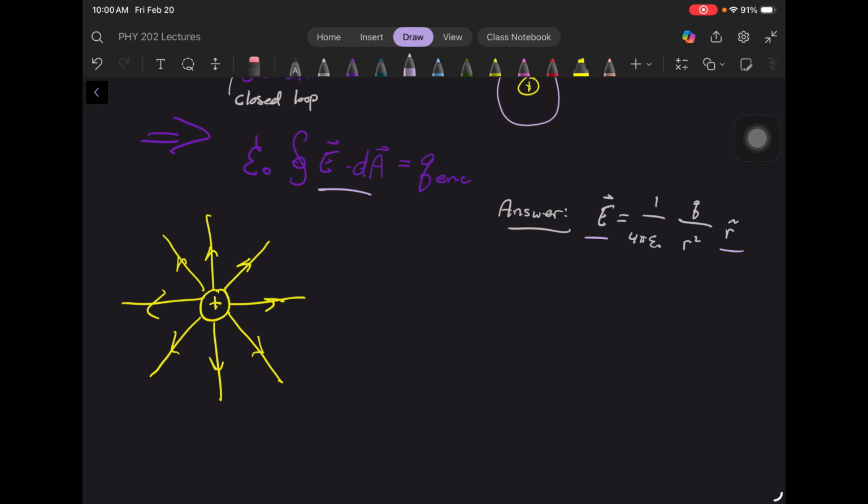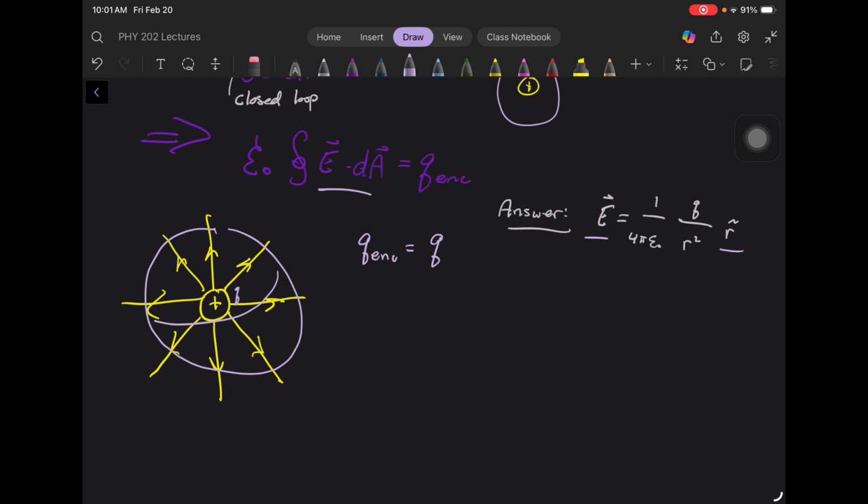And so our Gaussian surface, we're going to have a sphere again. If we want, we can say this has some charge Q. The first thing I like to do is figure out what Q enclosed is going to be, and for this, it's just Q.